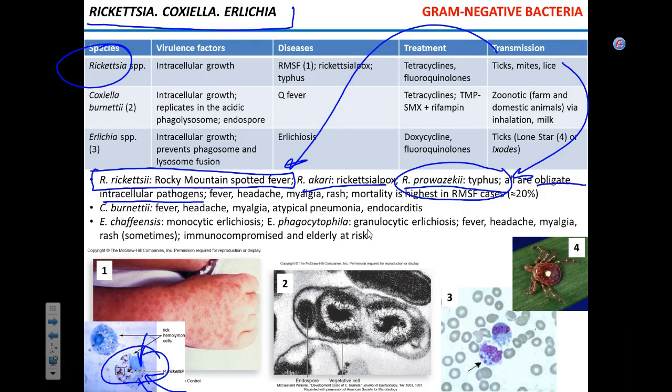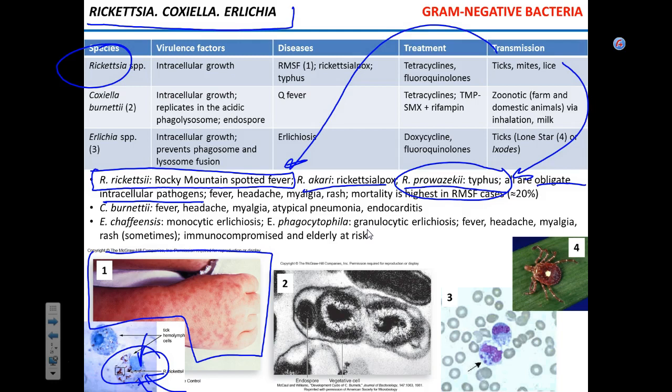Now, Rocky Mountain spotted fever and a variety of other rickettsial infections are usually characterized by rash. Okay, so this is a typical rash in a patient with Rocky Mountain spotted fever. It's a pretty serious disease, which surprisingly isn't found mainly in the Rocky Mountain region.